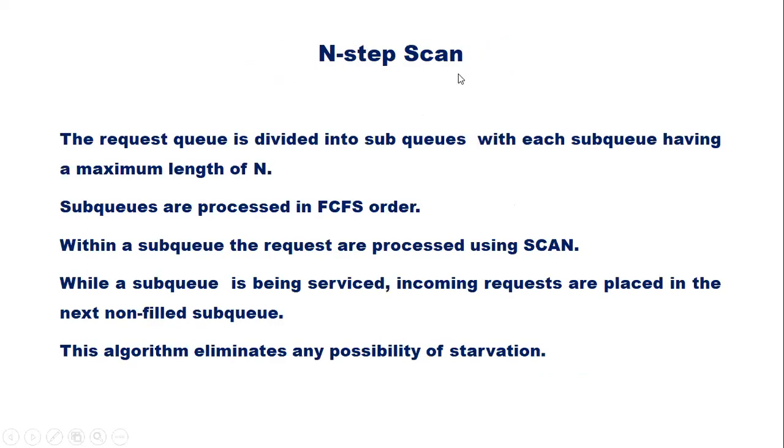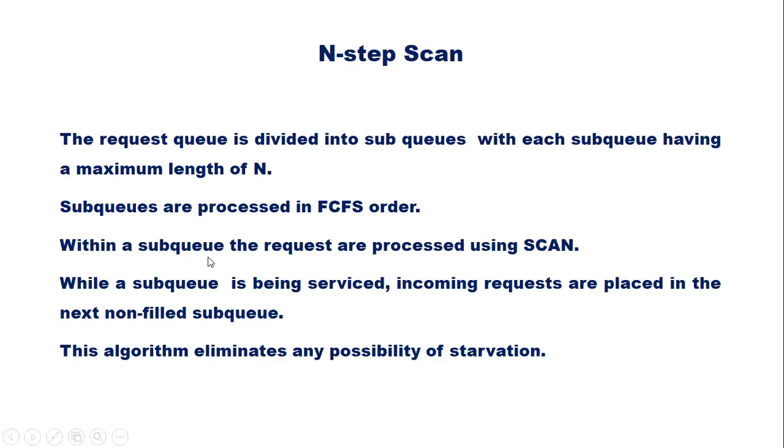Next one is the N-step scan algorithm. So here the request queue is divided into subqueues with each subqueue having a maximum length of N. Subqueues are processed in first come, first served order. So that means the first queue will be processed first, then the second queue, like that.